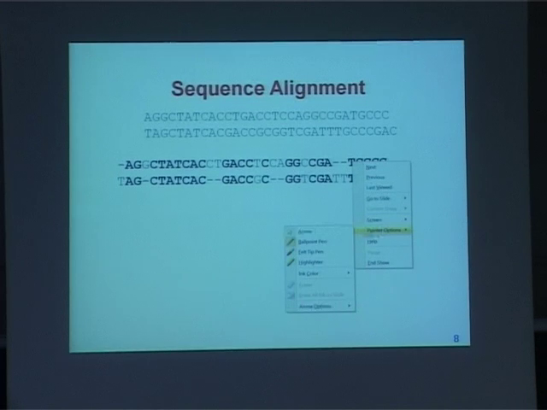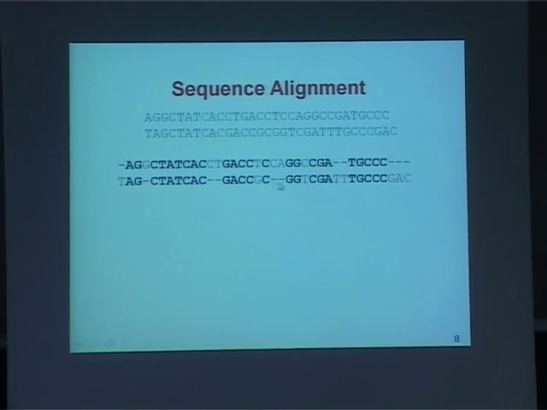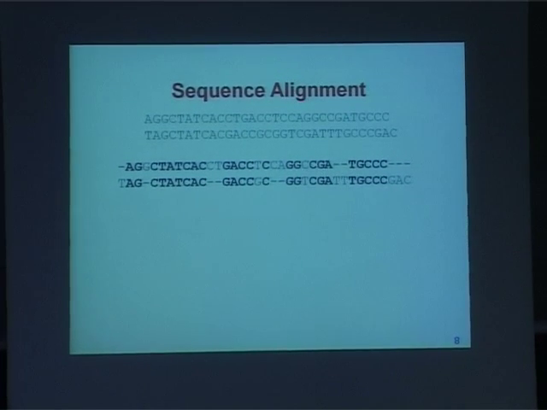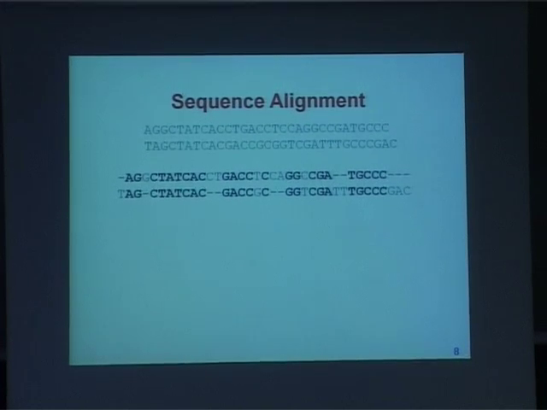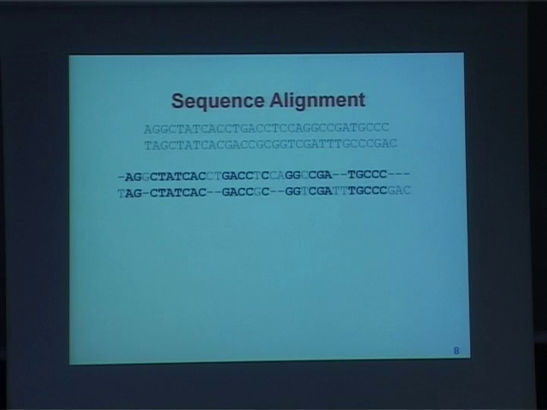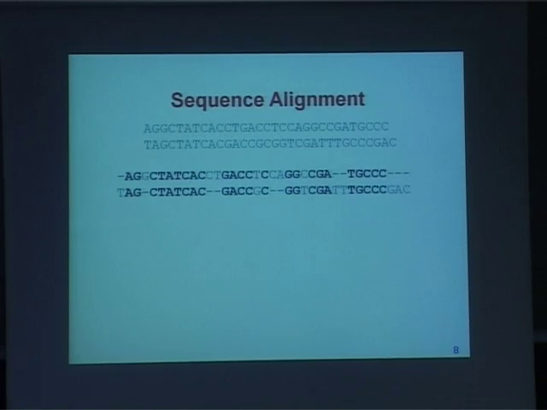I'm going to get back to this arrow. So these dashes denote gaps. And this is a good example which shows that you can have gaps in both of the sequences. It's not that you're always going to have gaps in the shorter sequence. You can have gaps in the long sequence as well.